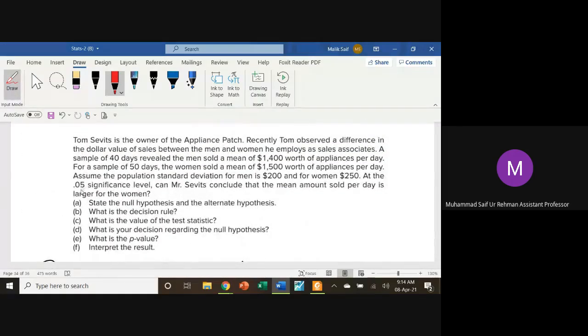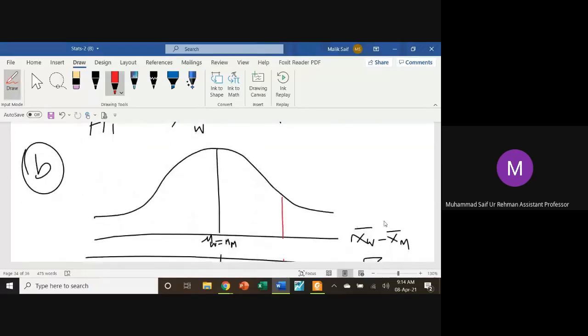Level of significance is given, it is 0.05, 5%. So you have to write down alpha is equal to 0.05. And what will be the value over here for this part? This will be 0.5 minus 0.05. So I think it will be 0.4500.